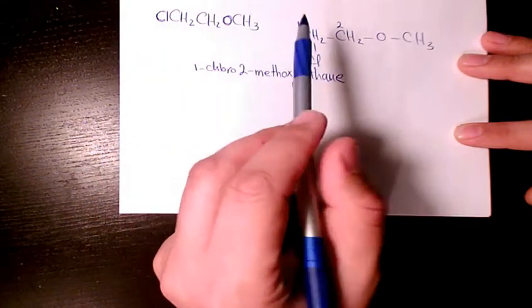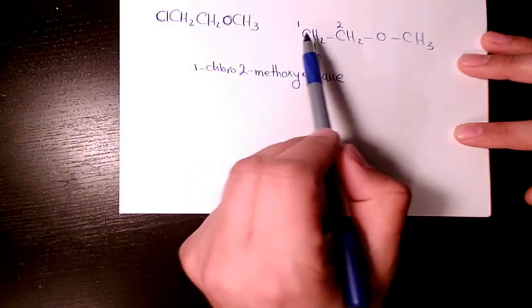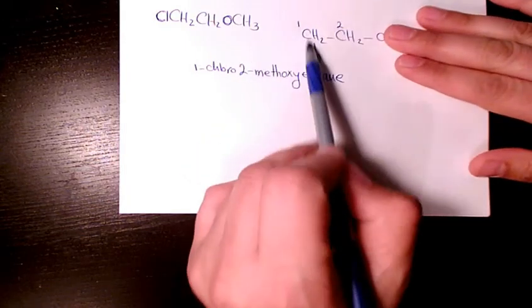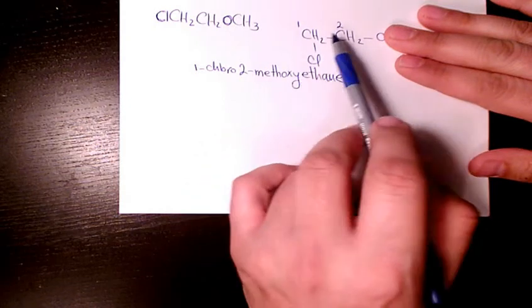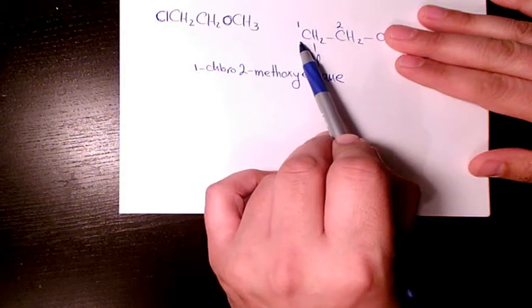For the common name, we need to name these two separately. If we do common name, the naming is going to be different. Here it's going to be the number 1 carbon, that's going to be the number 2 carbon.